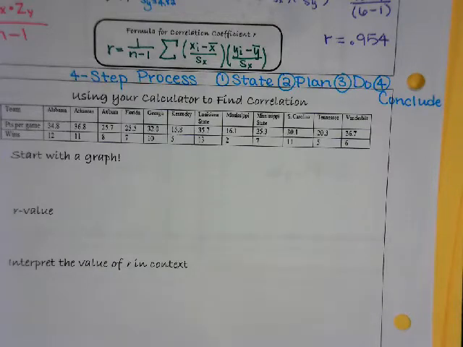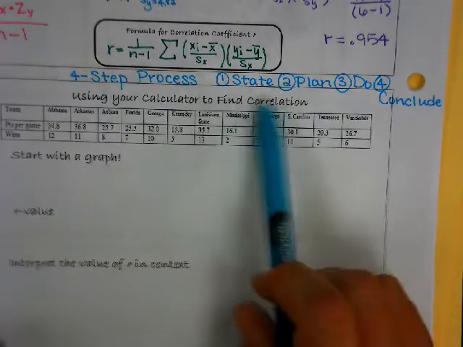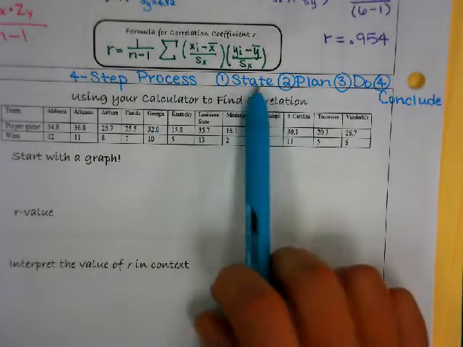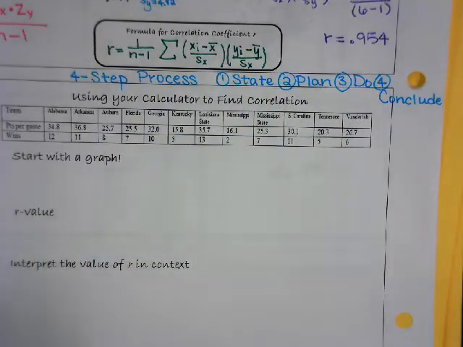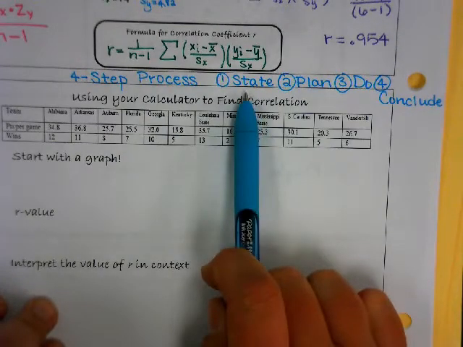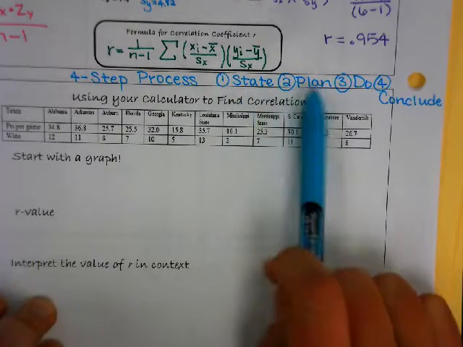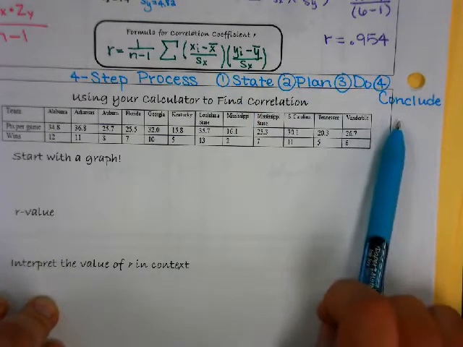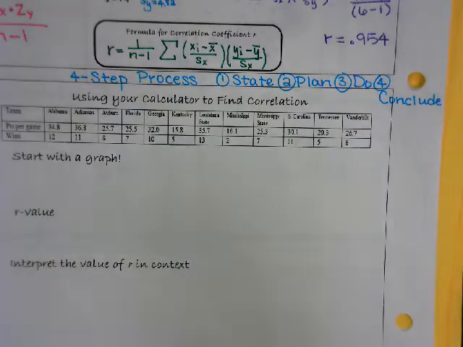This is pretty much it, they just made it for statistics. You state what the question is asking you to do, you come up with a plan, you do the plan, and you make your conclusion. Anytime it references the 4-step process, that's what it means. I will not make you actually write out state, plan, do, conclude until later in the year.